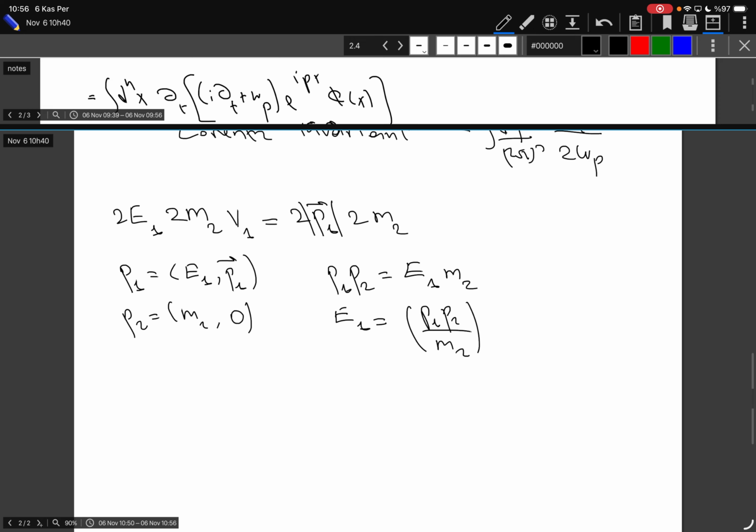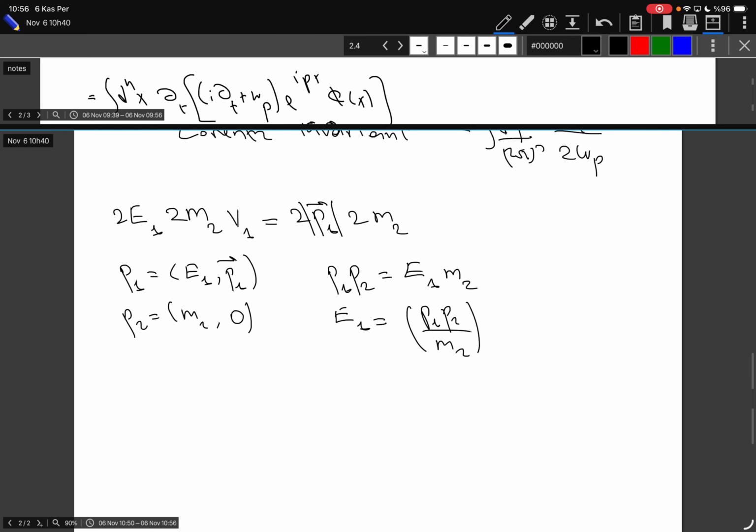You see, in this expression, the right-hand side is a Lorentz invariant. It's the scalar product of two vectors. So go to whatever reference frame you would like, where you are doing your experiment. Measure the four-vectors P1 and P2. Multiply, consider their scalar product and divide by the mass of the second particle.